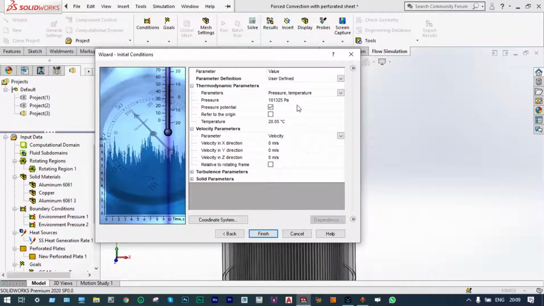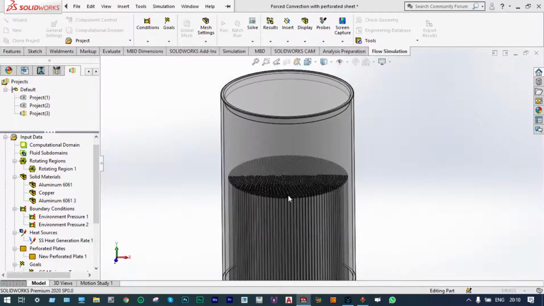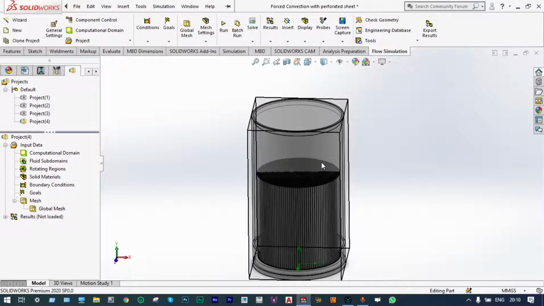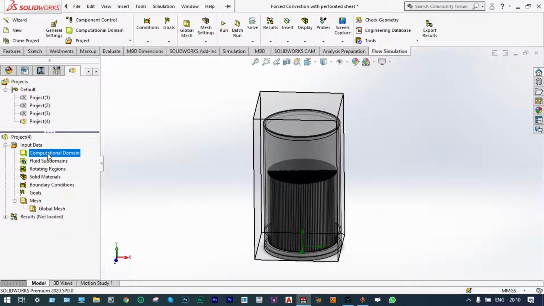Atmospheric pressure will be 101325 Pascal and temperature will be 20 degrees centigrade. Solid parameters also will be 20 degrees centigrade. Let us finish this. You see this is the computational domain. Now let us hide this domain.